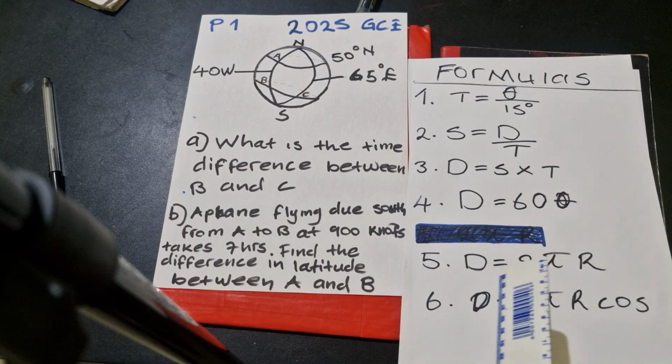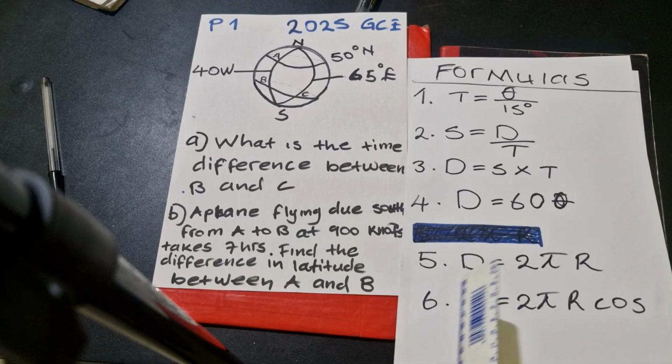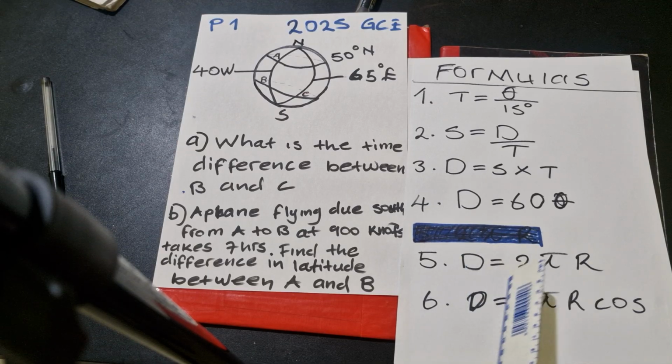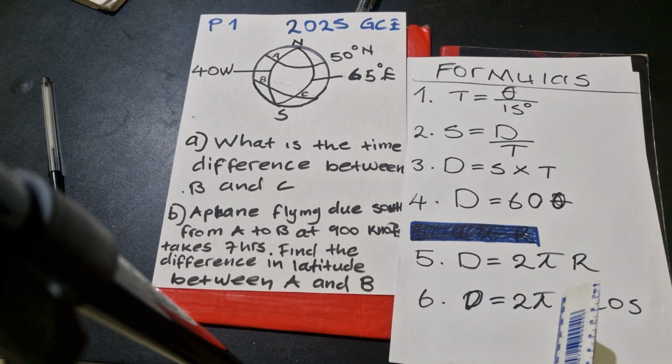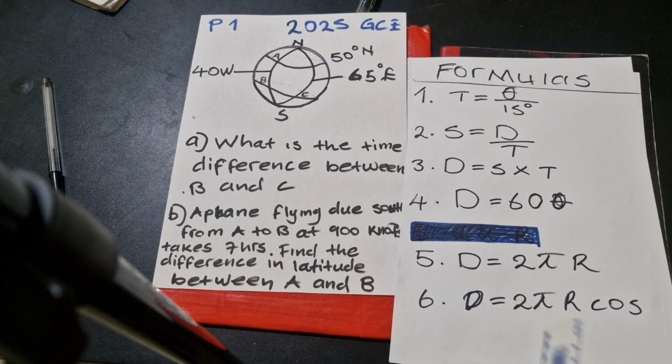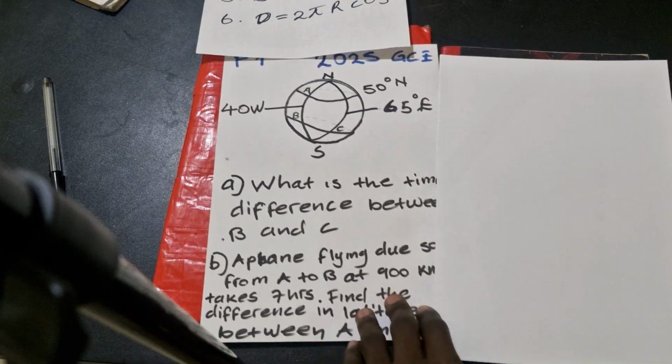And we also have the last 2 formulas for distance. These I use to find the distance between the closest latitudes or longitudes. So let's go into it now. We'll be going to the first question.